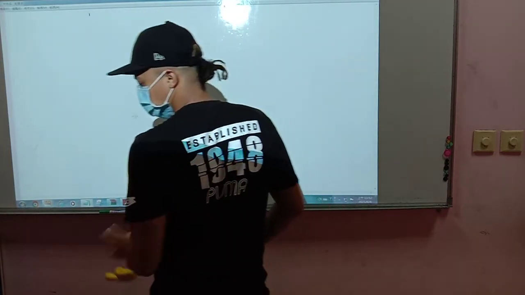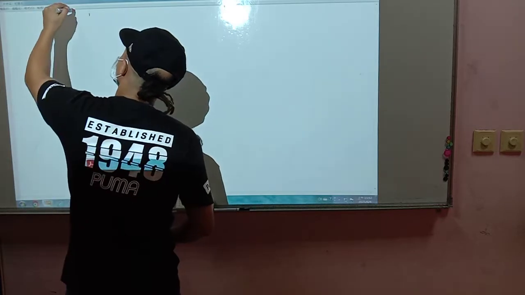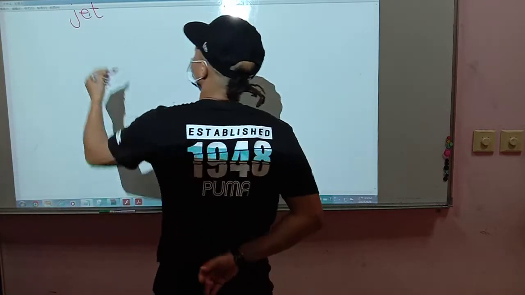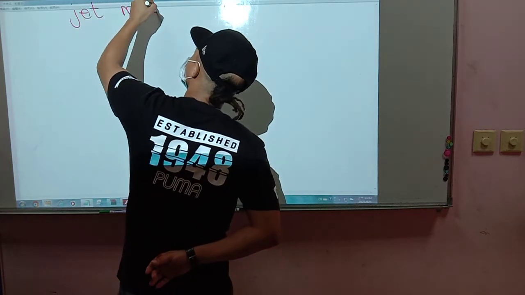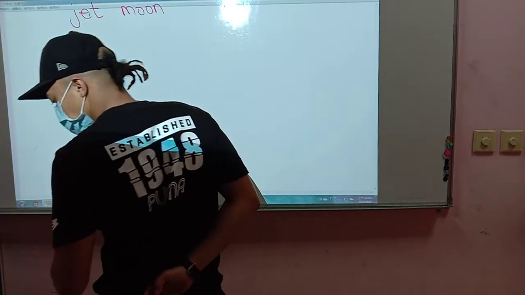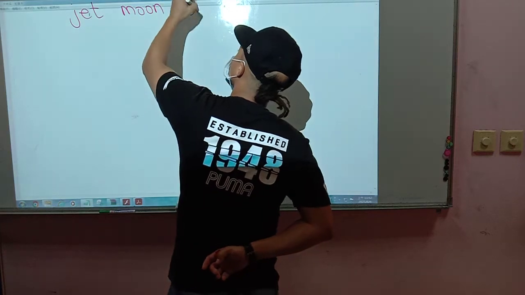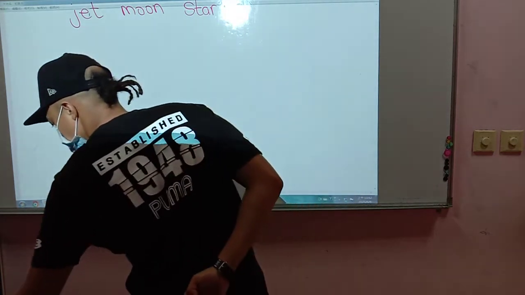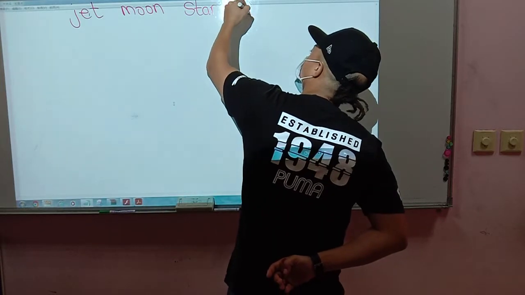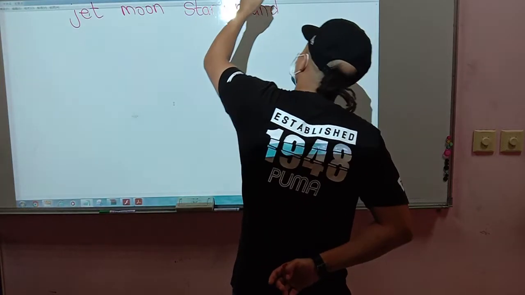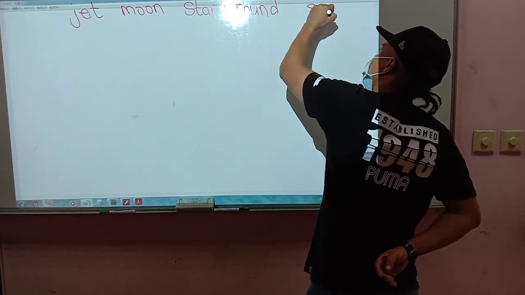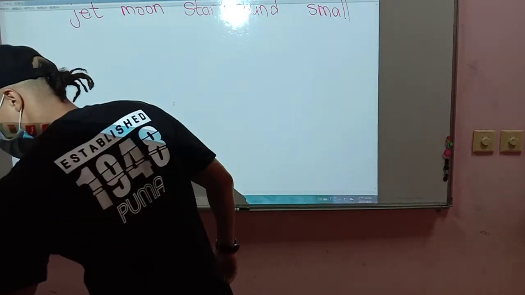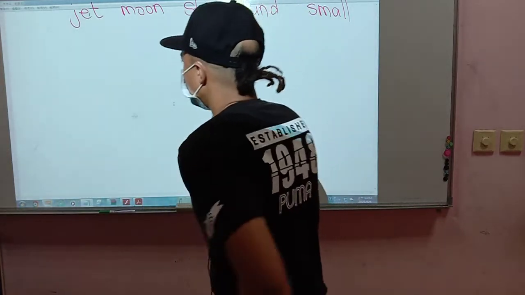All right, first one was jet, so jet. 2 is moon. Star. And round. And of course, small.